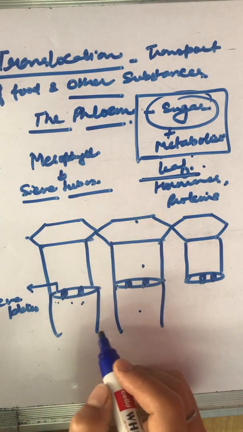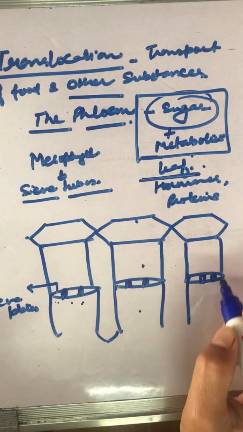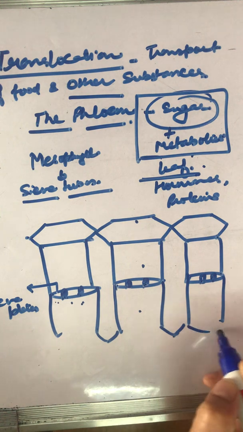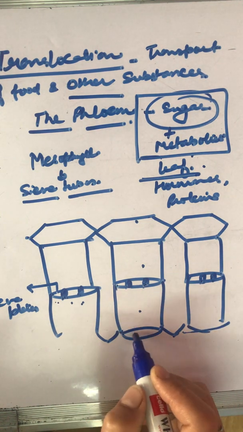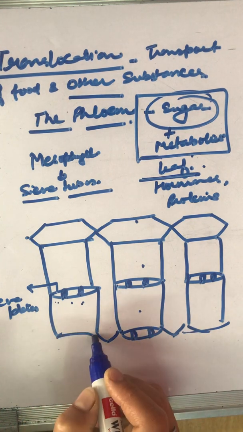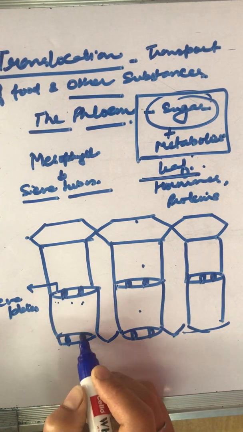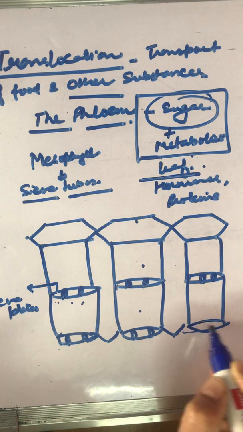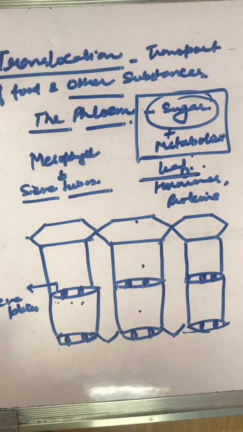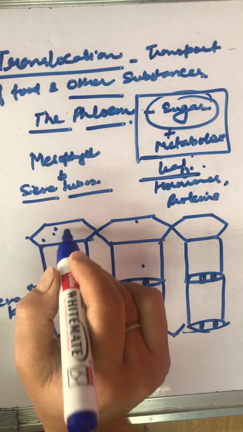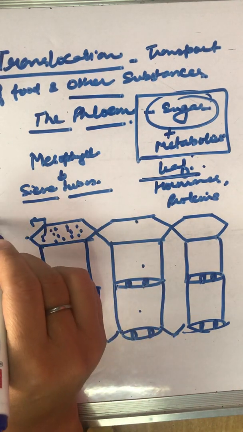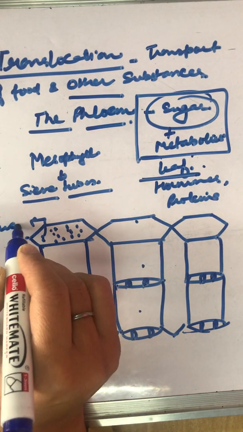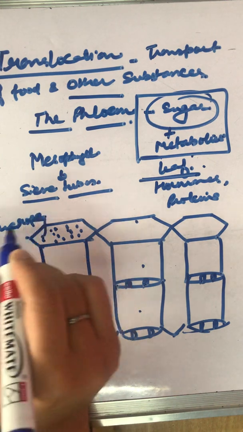And these long columns in between are the companion cells. We can very well understand the structure, the functioning from this kind of layout diagram. This is where the sucrose or the sugar metabolites are stored.